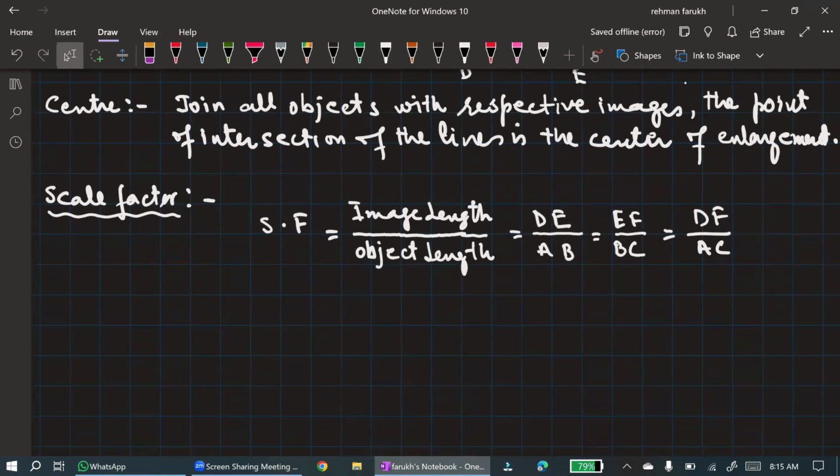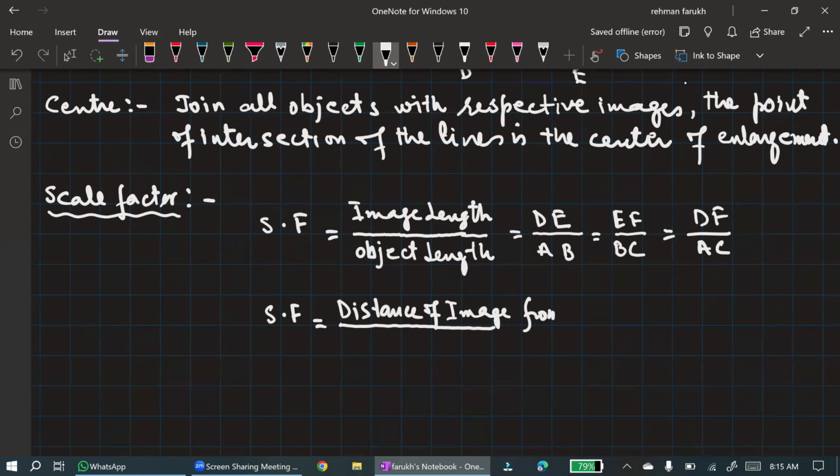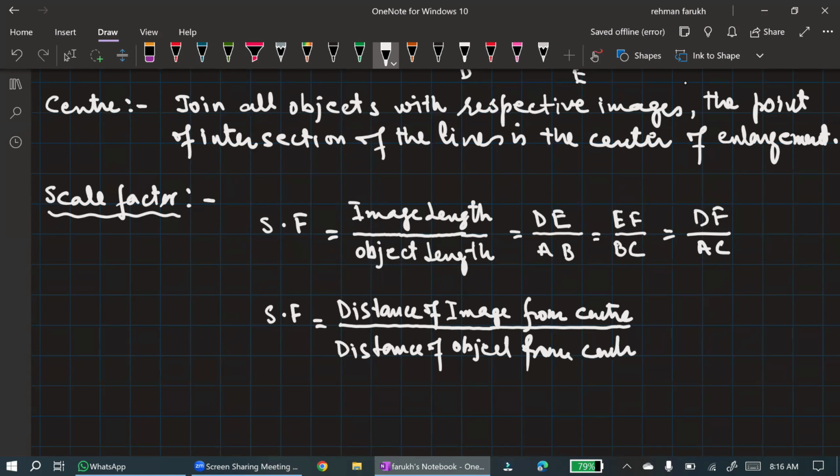There is another formula to find out the scale factor, which is distance of image from center divided by distance of object from center.